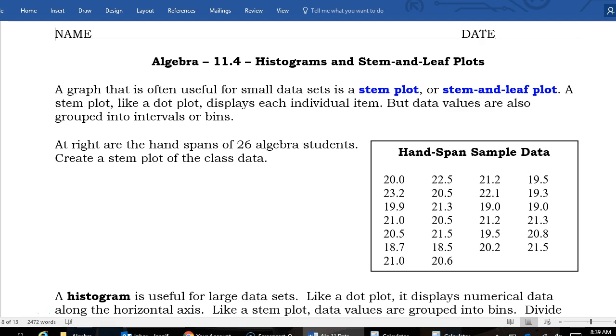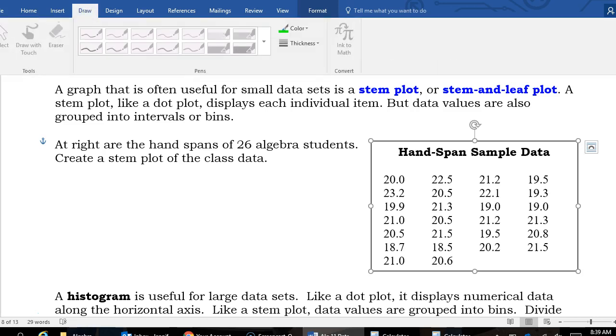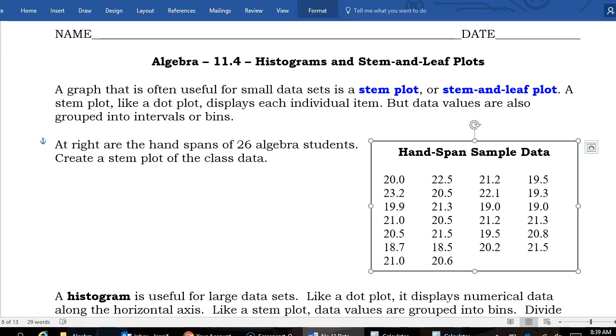So to make a stem plot, we want to find our minimum and our maximum values. That's going to help us scale our graph. I see 18.5 here. I don't see anything lower than 18.5.